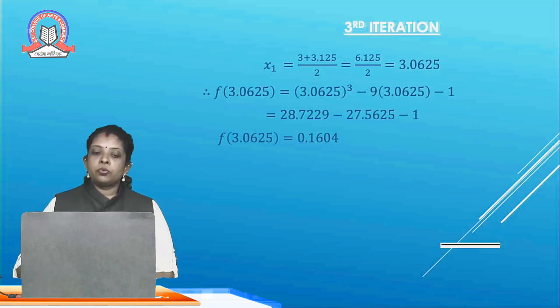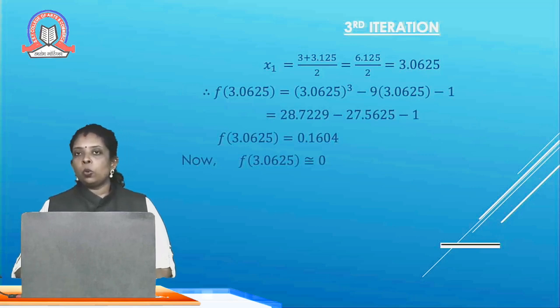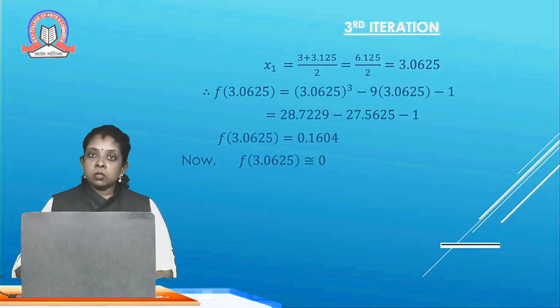That is f of 3.0625, which is again positive, 0.1604. It is approximately equal to 0, and we can fix it as 0. So we can say that the function result at 3.0625 is approximately 0 after the third iteration.